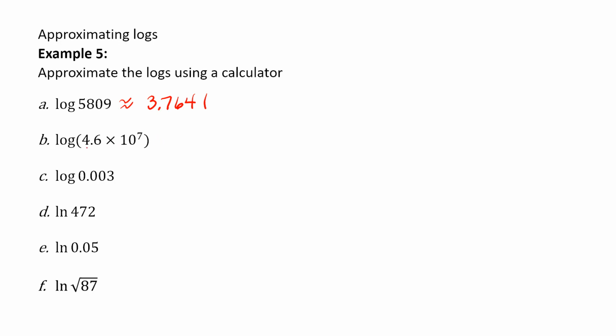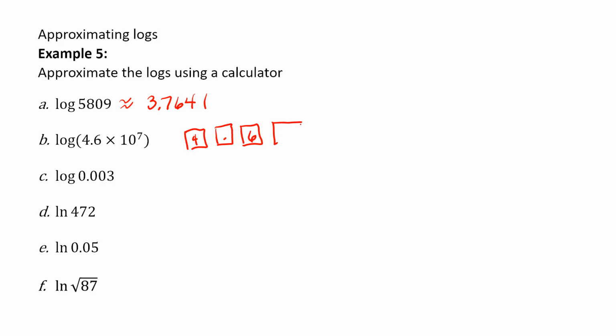All right, on the next one, you've got log of 4.6 times 10 to the 7th, and you are going to figure out what exponent you put on 10 to get 4.6 times 10 to the 7th. So you're going to punch that into your calculator. You hit 4.6, and then you want to multiply that by 10 to the 7th. You want to write this in scientific notation.